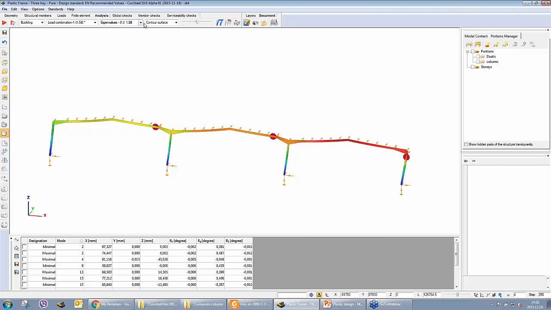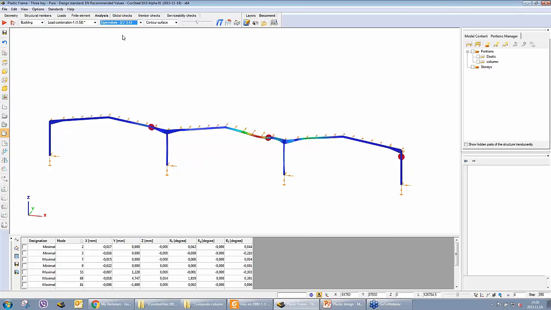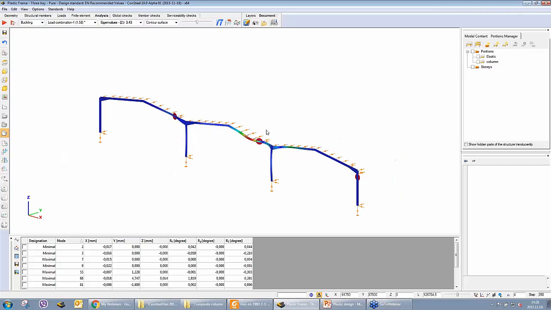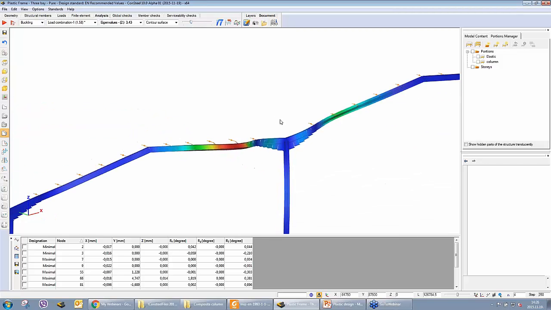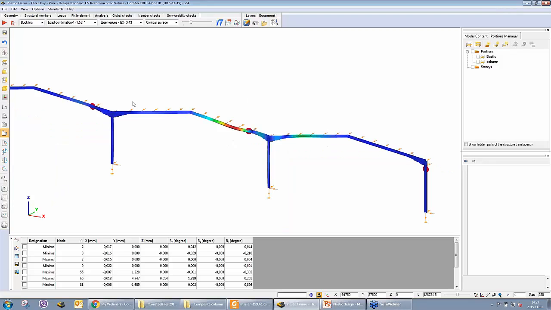And also if we see there are other buckling modes, for example including the plastic hinge, this is the first out of plane lateral torsional buckling mode of our member here. This is again just a visualization of the buckling behavior of our frame, of our model at the design load level, including the relevant plastic hinges.